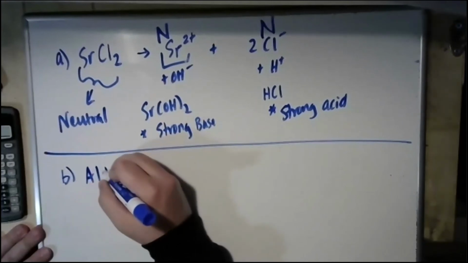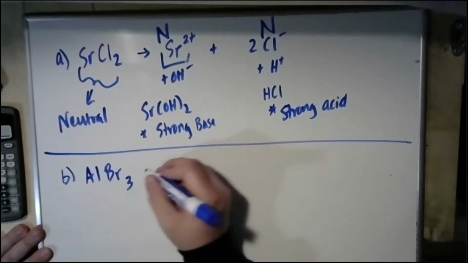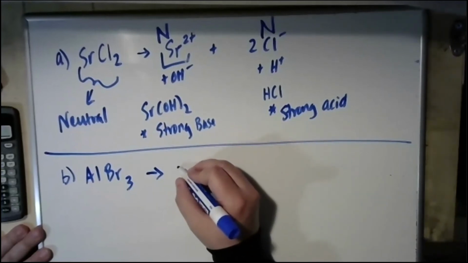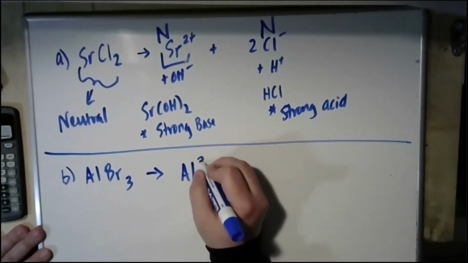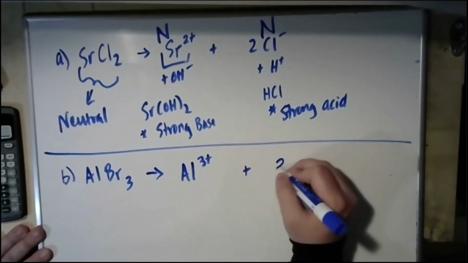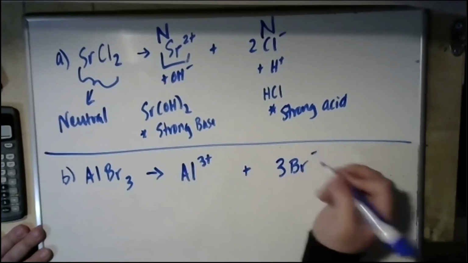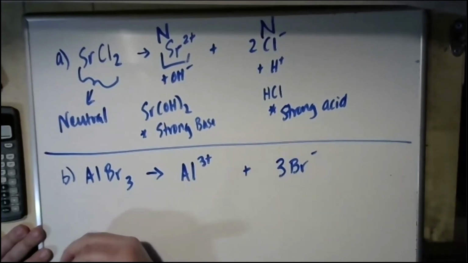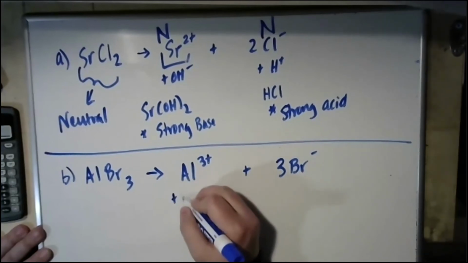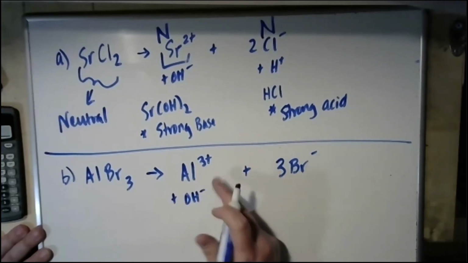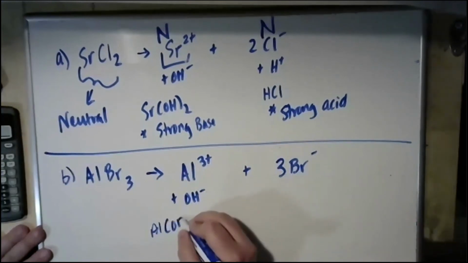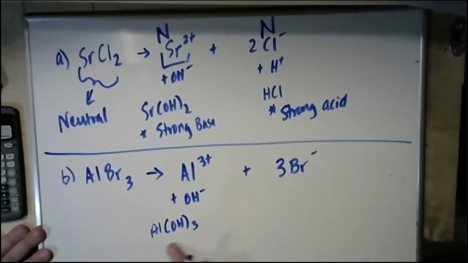The next one is AlBr3. So when this dissociates, it's going to form an aluminum ion, and it's going to form bromide ions. Now you can look at the combination with some hydroxide ions here and see that it forms a base that would look like this, right?